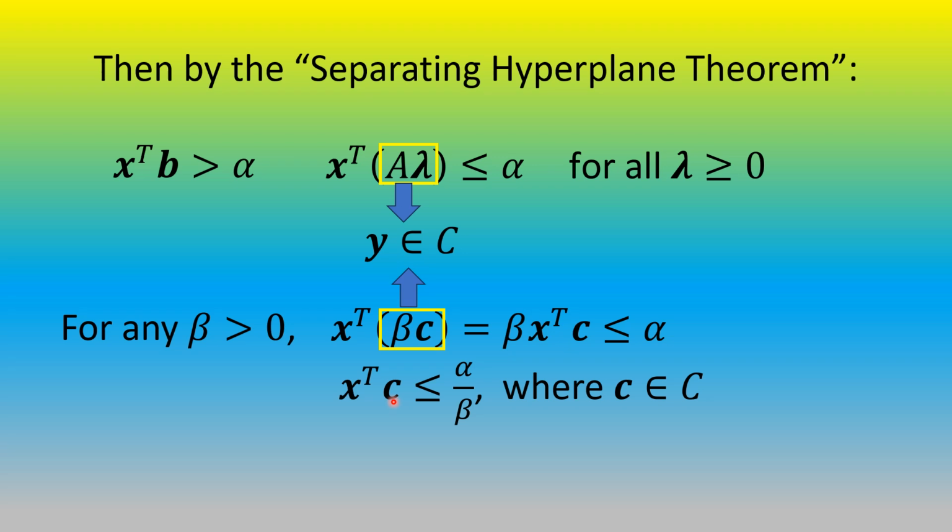So it's y times 1 over beta, so y times something greater than 0. y is equal to A lambda. So basically, we're multiplying lambda by 1 over beta, where 1 over beta is greater than 0. Therefore, the vector components will still be greater than or equal to 0. So that means that c is still a member of the cone.